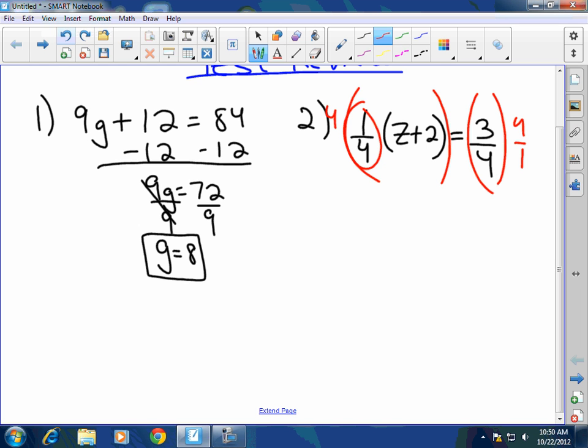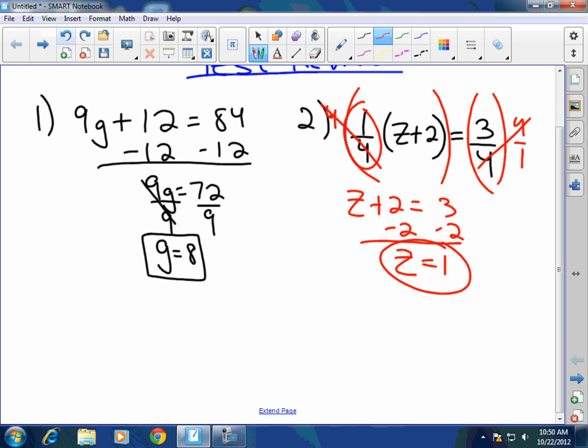So do I have to distribute this 4 to the inside of here? No. Very good. 4 times 1/4 is just 1. That cancels. So I've got z plus 2 equals 3. Subtract 2 to both sides. Z equals 1.